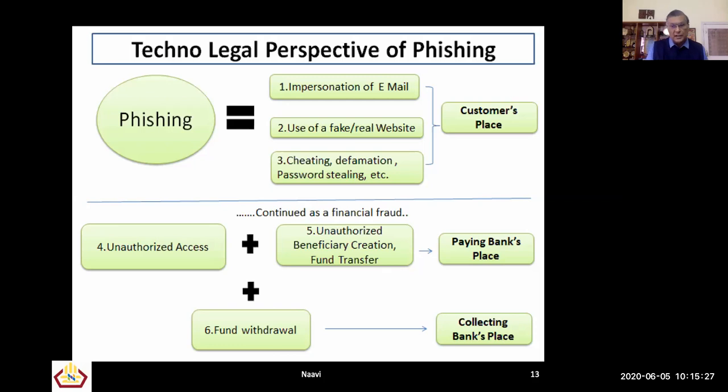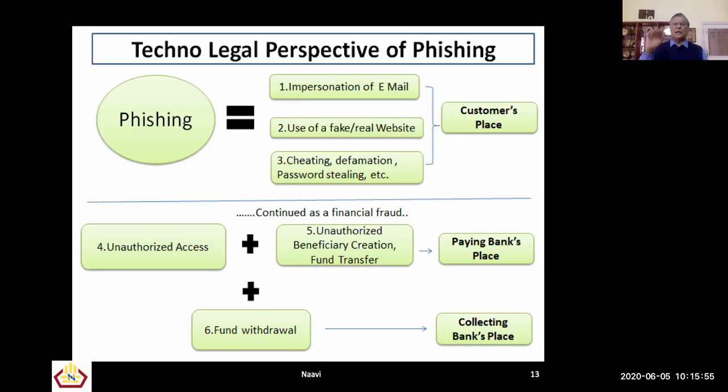There he sometimes creates an unauthorized beneficiary. Normally banks will say 24 hours, you cannot transfer. He will try to break that also if possible. Then he will have a fund transfer. Now this activity happens not in the customer's place, but in the banker's place, that too the bank which we call the paying banker. Within the bank, there are two roles they play.